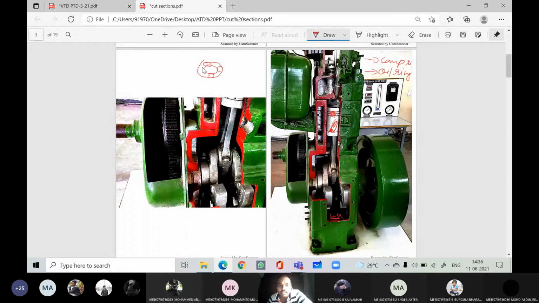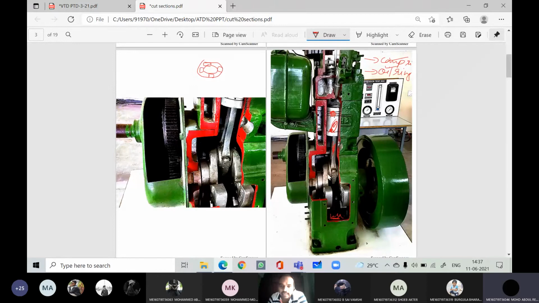Within these grooves, they carry the lubricating oil, which is used as lubrication between the piston and cylinder. That is one reason. The second reason is that it won't allow the lubricating oil to enter into the engine cylinder. That is the reason we have two sets of rings: compression rings and oil rings. Now you can see over here, what is this one?